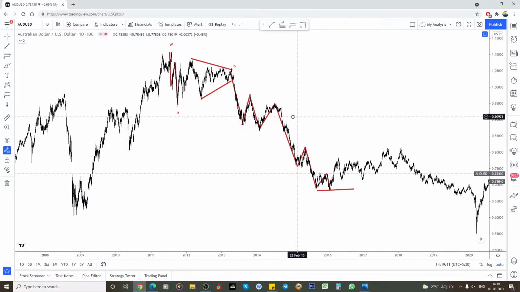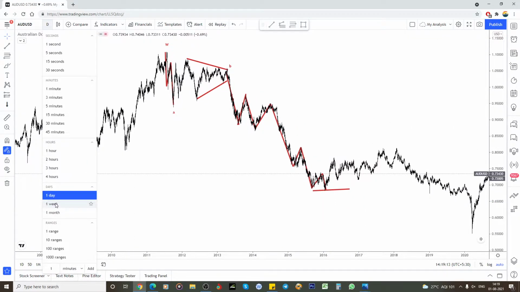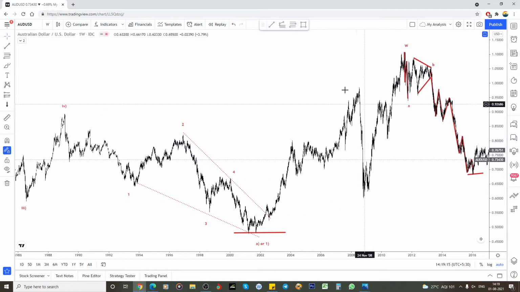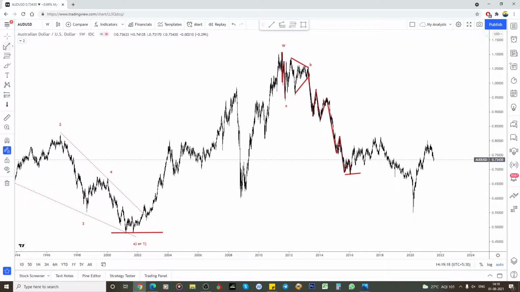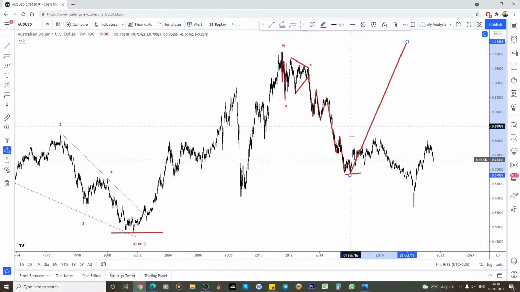Because it's already A, B, C completed, and we already marked this. From here it has to shoot for that Y wave, but we didn't see any Y wave here. Apart from that, what we saw is that it again broke the low here.